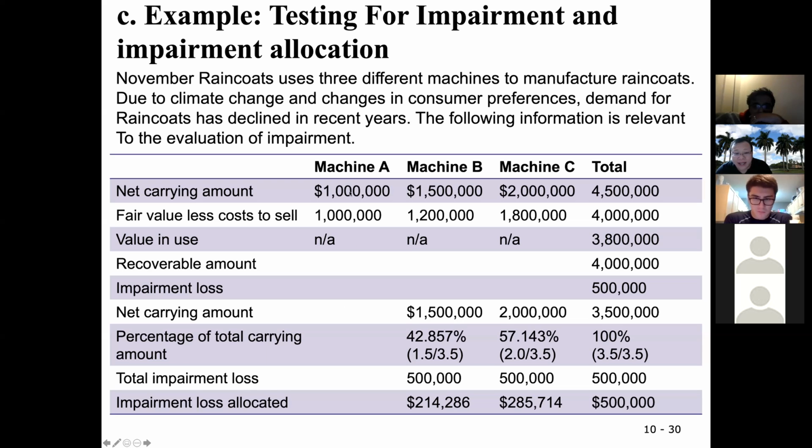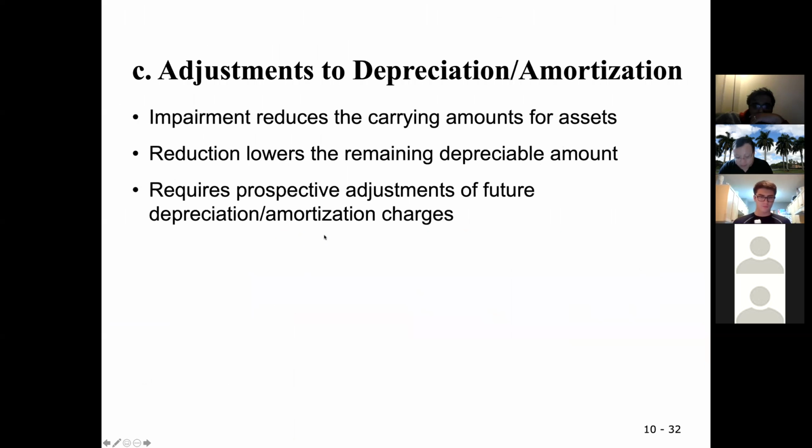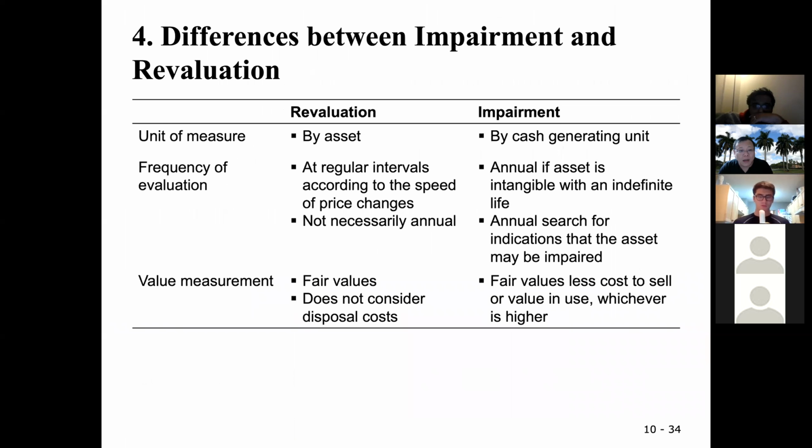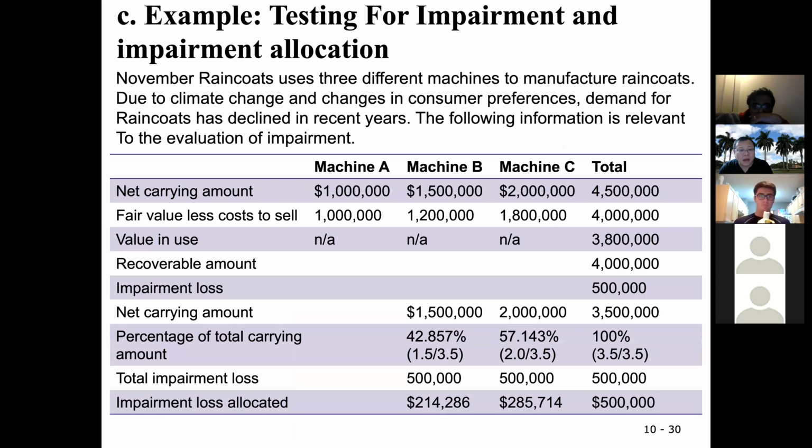First, let's take a look at A. Value in use is not applicable, so the recoverable amount is the fair value less cost to sell, 1 million. Net carrying amount is 1 million. For A, is there any impairment? No. So should I allocate impairment loss to A? No. That's why you can see this column is empty here.